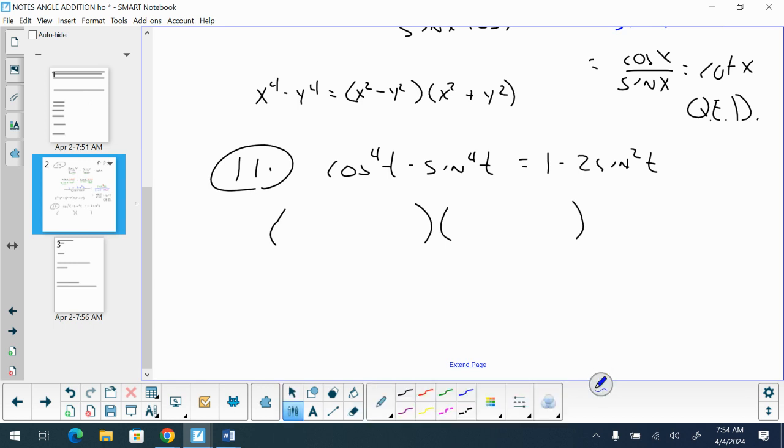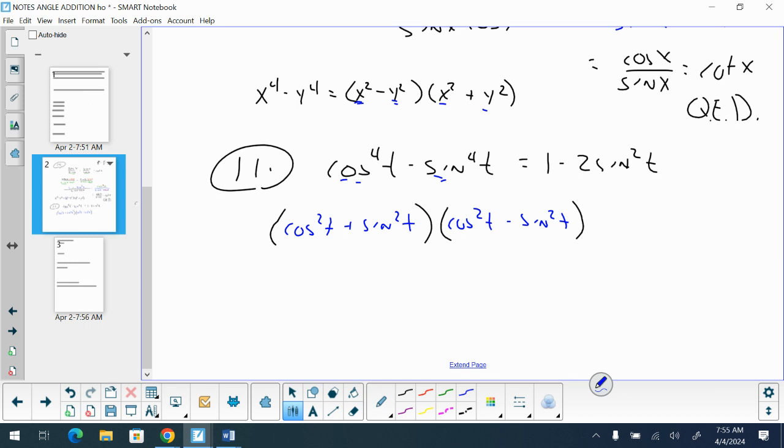Brennan, what did you come up with? Okay, once again, replace with what we have. First one's cosine squared plus sine squared, which is equal to 1.